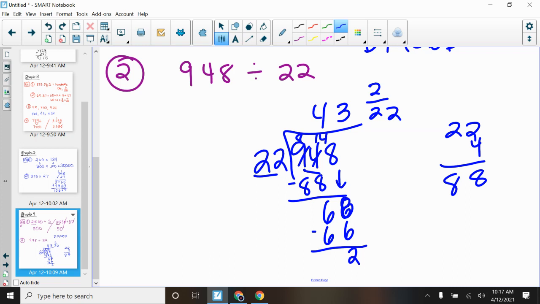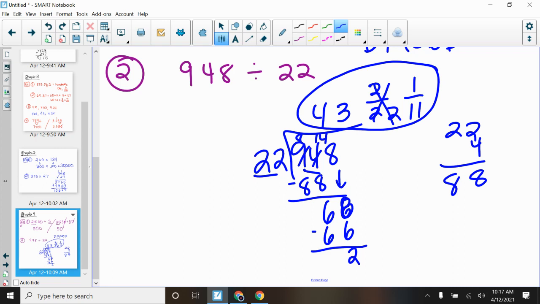So what's 2 over 22 turn into? 1 over 11. So will they have 43 and 1/11 as an answer? Very possible, yes. But Addison wanted to know, will they expect us to put it as a decimal? I don't want you to think that you can just put 0.2. That's not how it works. So I would think that this is how they would expect your answer to be, 43 and 1/11.